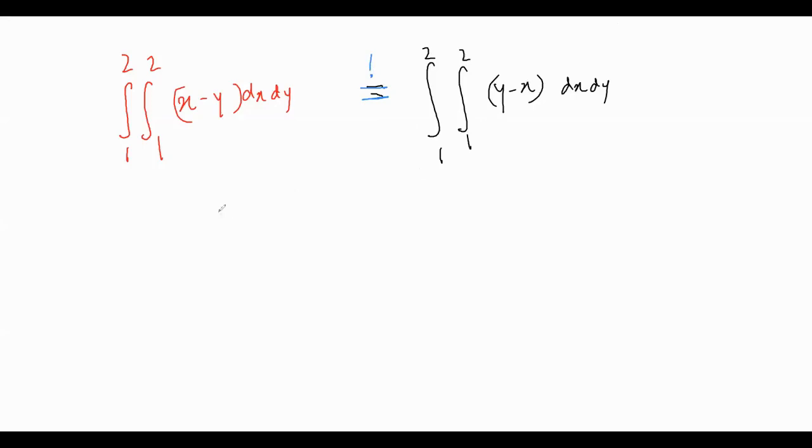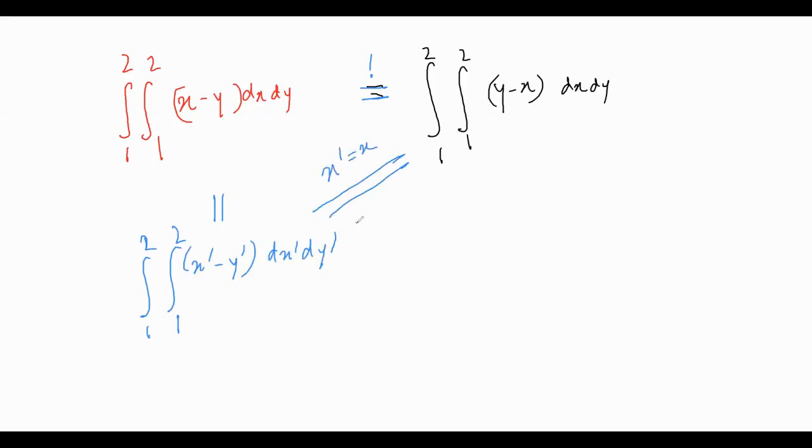Because it's just the same as the integration from 1 to 2. You're actually doing a variable change, and x and y are independent of each other. That's the beauty. You can replace them as x dash, y dash, dx dash dy dash, where x dash equals x and y dash equals y. Why can we write this?